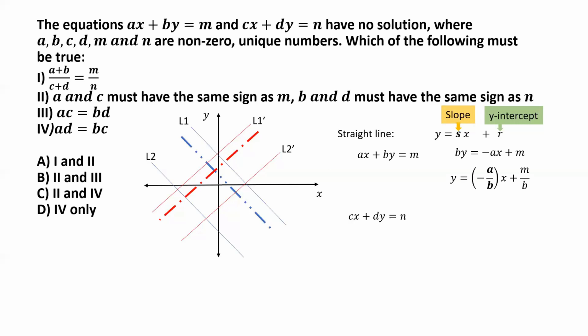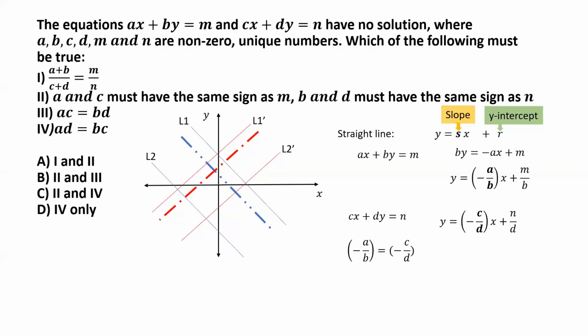Similarly, we can write the other equation, cx plus dy equal to n, like this: y is equal to minus c by d multiplied by x plus n by d. And the slope of this line is minus c by d. For these two lines to be parallel, the y-intercepts don't matter. They could be of any sign or any value, but what really matters is the slopes have to be equal.